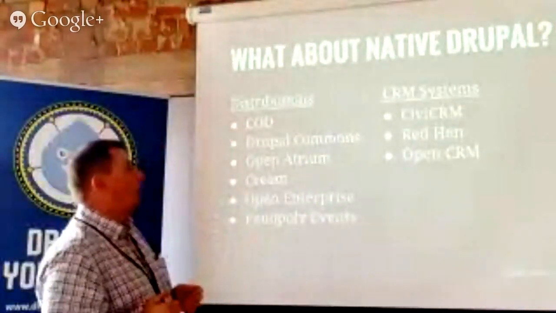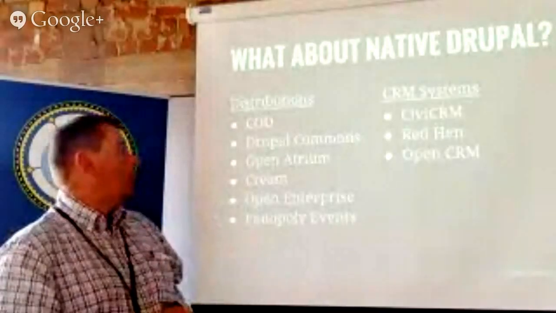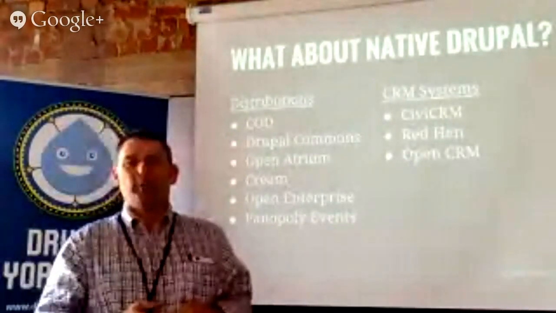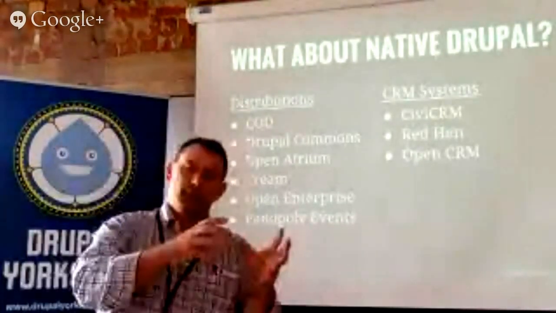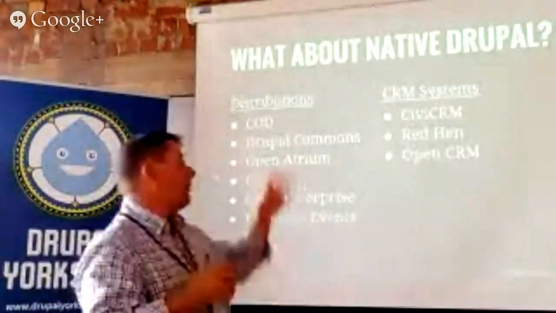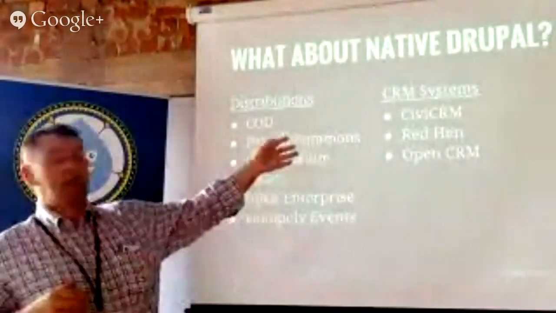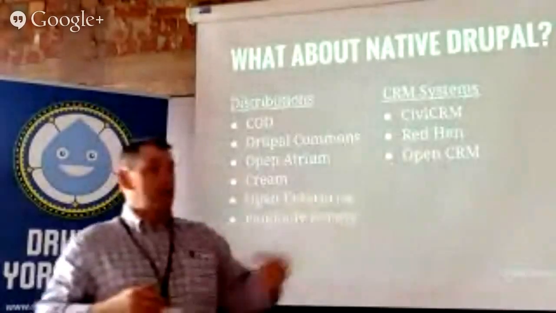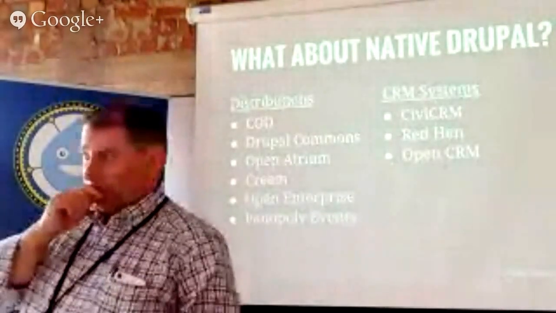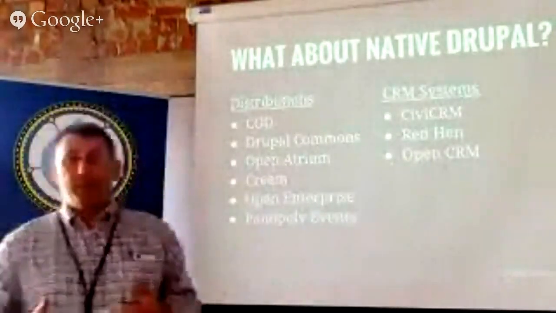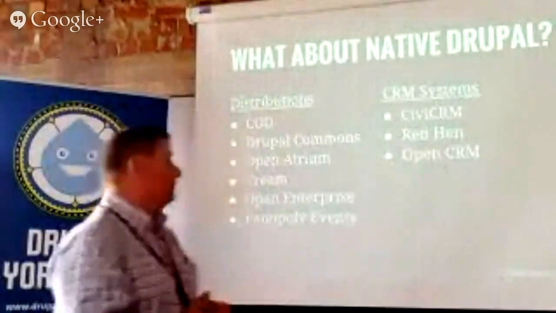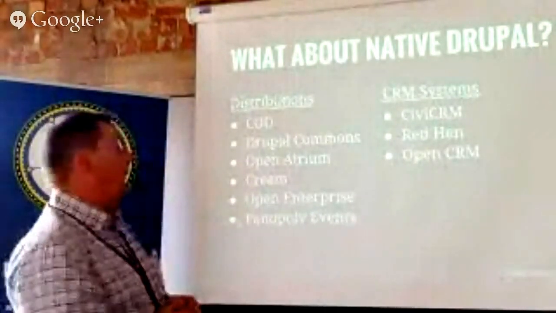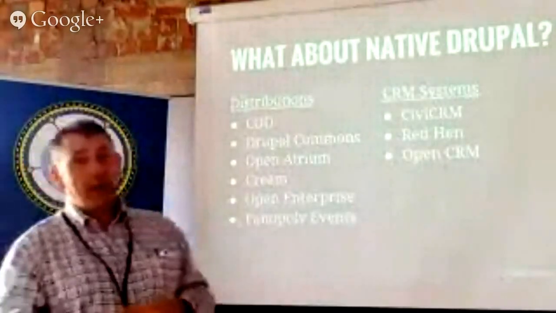And then there are at least two native Drupal CRM systems. When I say native Drupal, they're not third-party systems for which integrations have been provided, but they're based on the field API. So, for example, in Red Hen, you can create a contact record just as you can with any kind of content type, and then you can add fields to build database records for contacts. Open CRM does much the same thing.